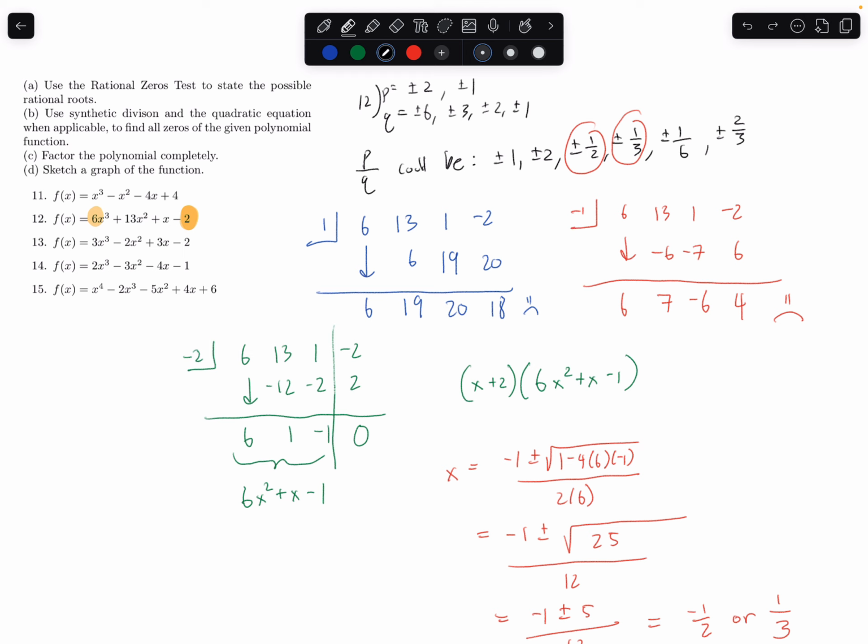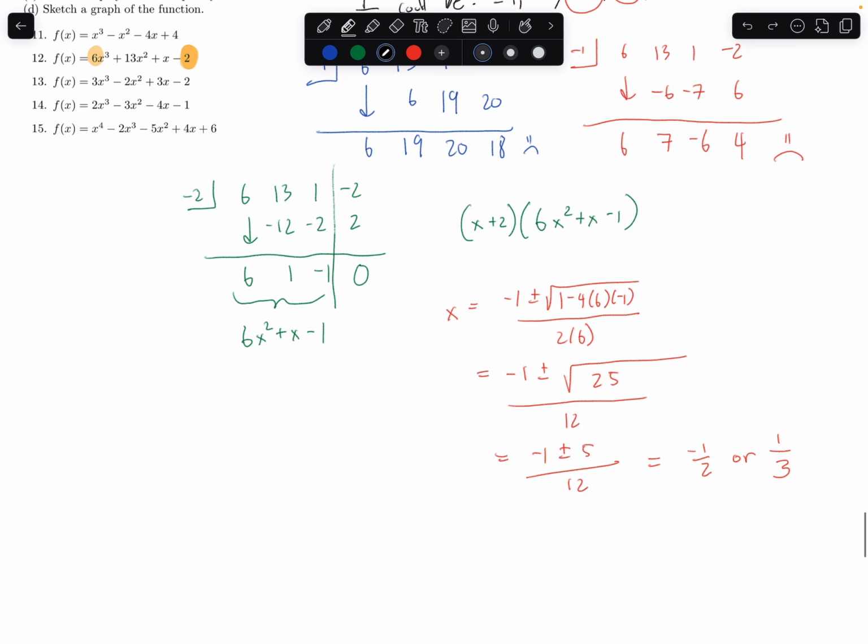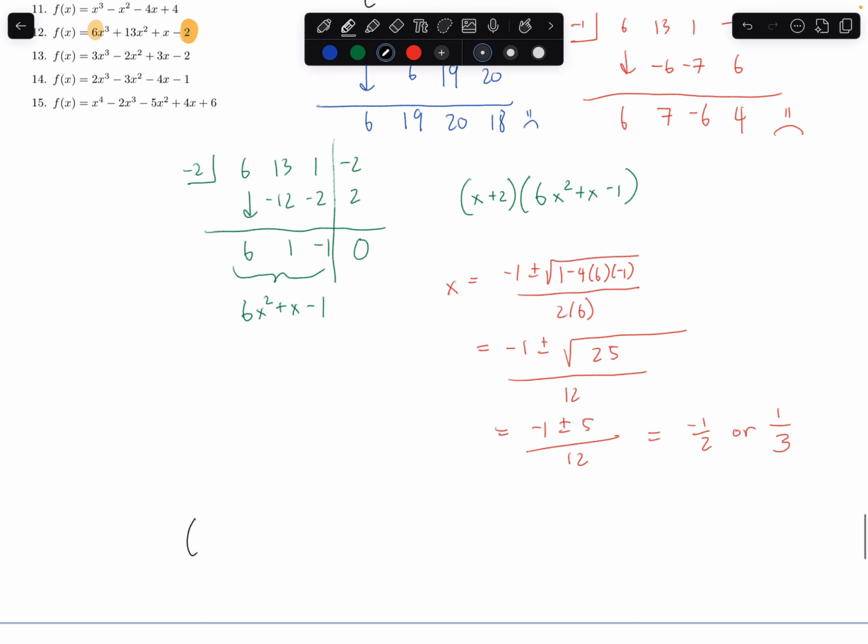Now we're going to factor. Let's write the whole thing down here: x plus 2, and then instead of 6x squared plus x minus 1, it's going to be x plus a half, so that -0.5 is a root, and x minus a third, so that 1/3 is a root.